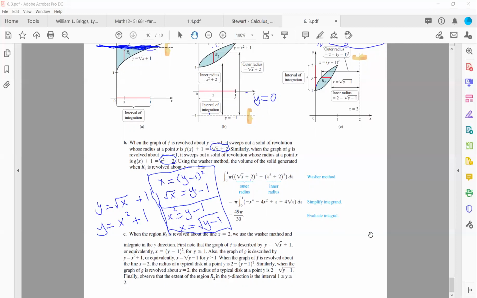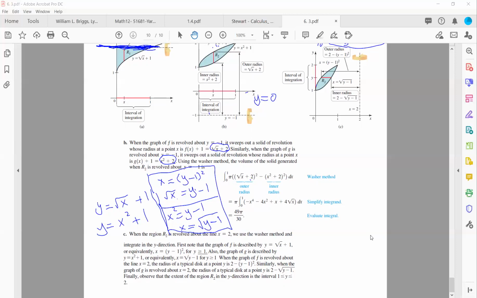So the radius of your disk is going to be 2 minus this function and 2 minus this function.